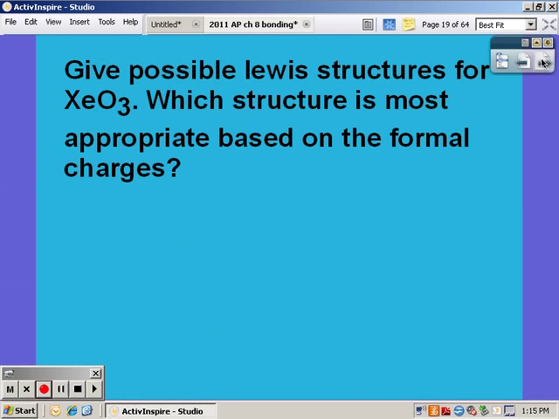So on this one, I'm going to give you the 4 structures for xenon trioxide, and you decide which one is best based on the formal charges.